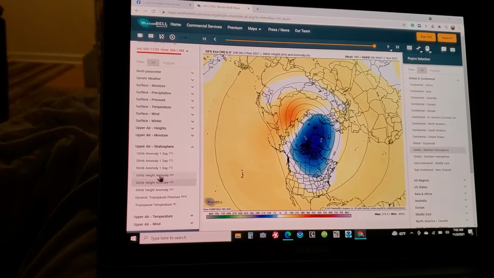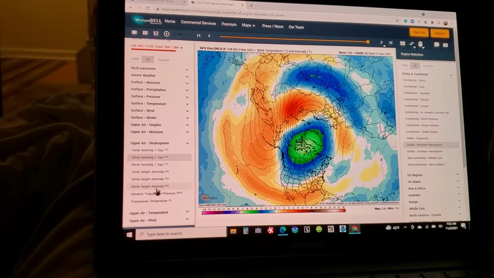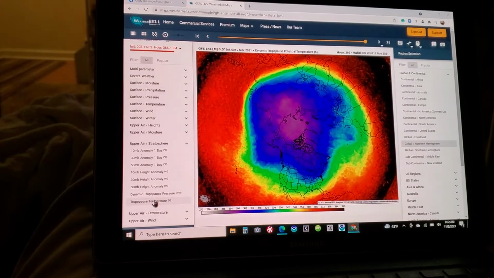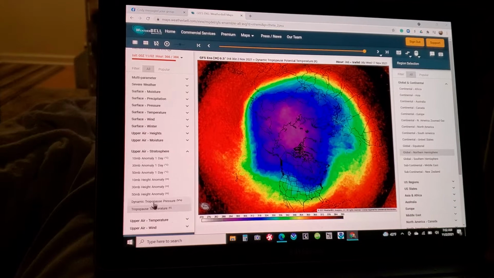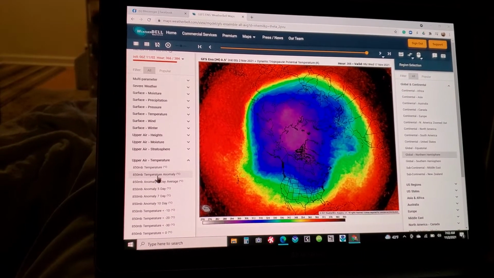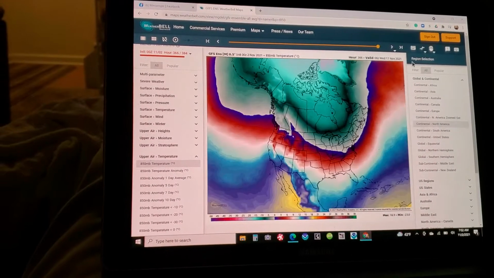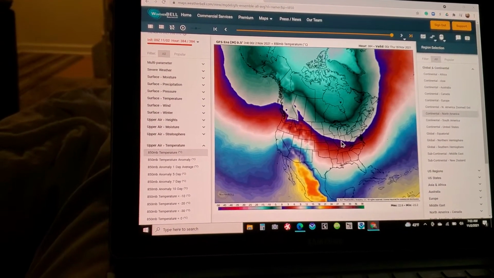There we go. Even take a look at the 850s. I mean, you can see right there, that's just poised.